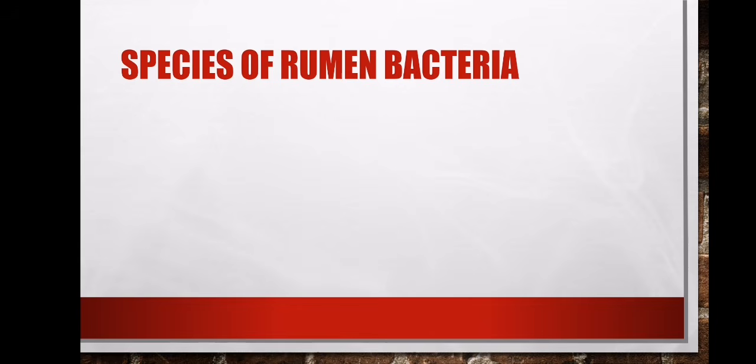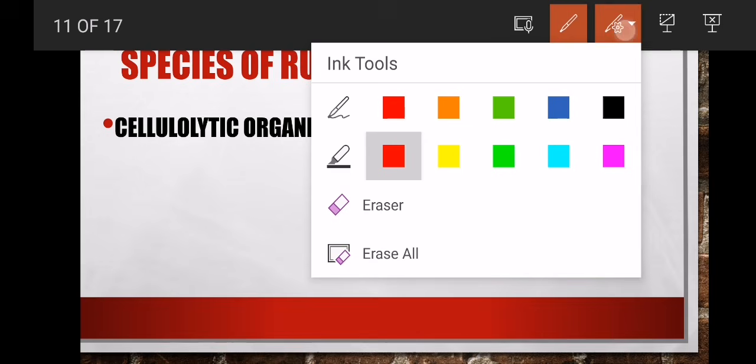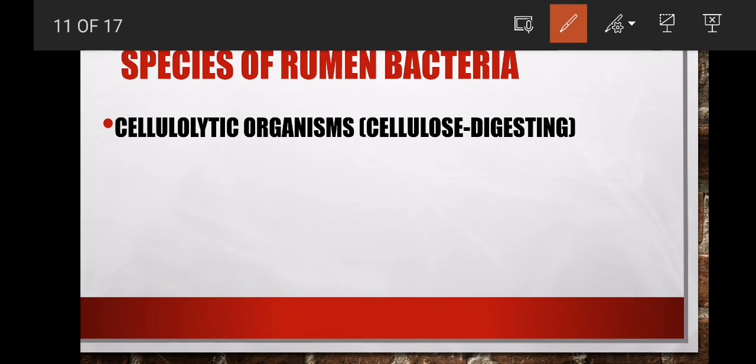Okay, fine. We have the first, which we call cellulolytic organisms. Let's try to understand this one. When we look at cellulolytic, this is what I want you to understand. Now we are trying to understand their function.